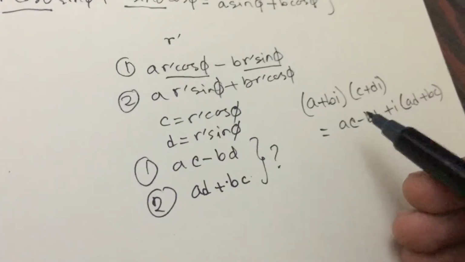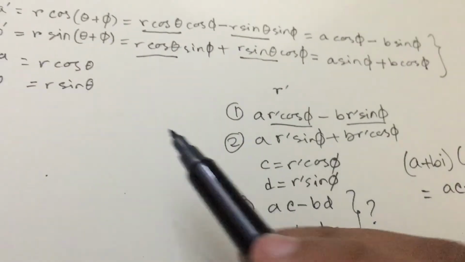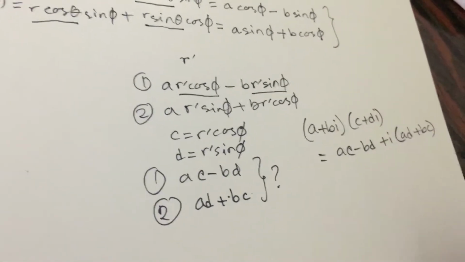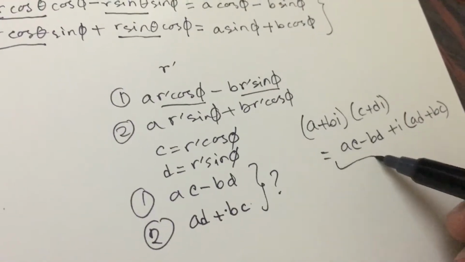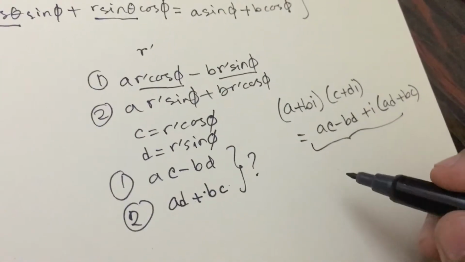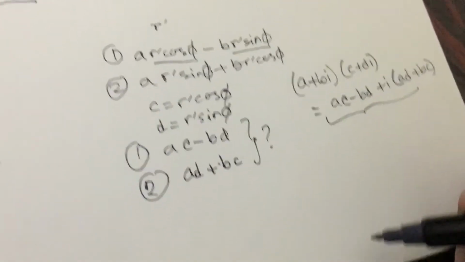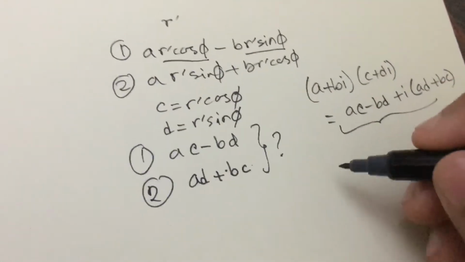So that would mean that C and D are being rotated by an angle of theta and are being stretched by r.